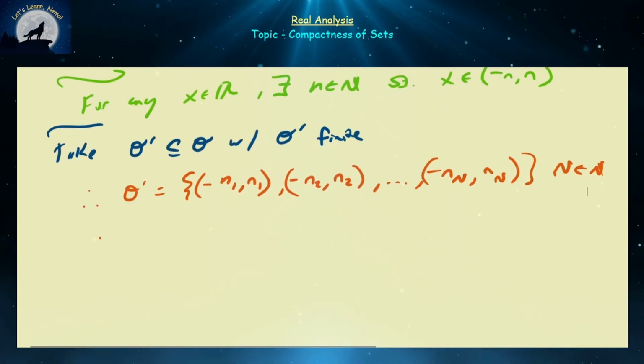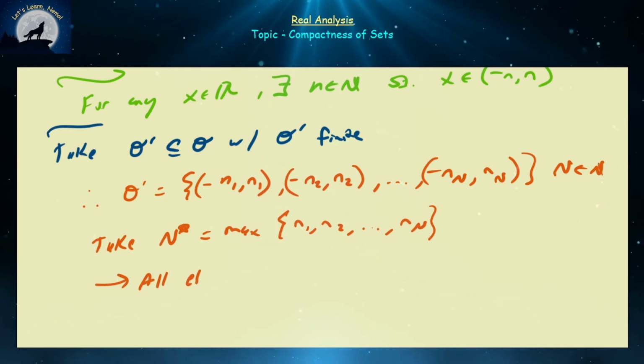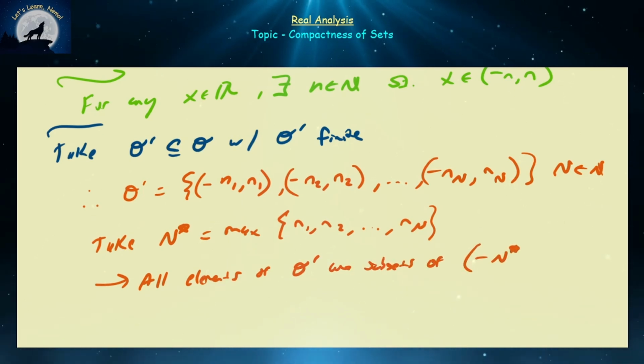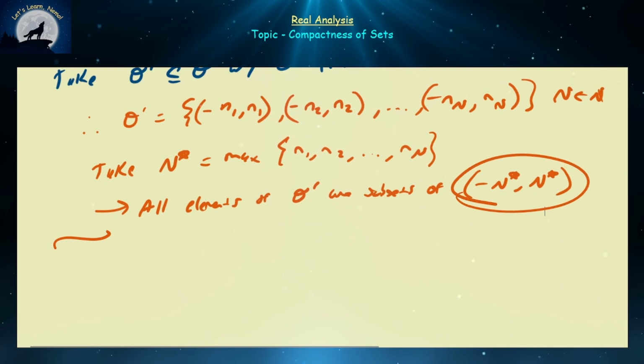And as usual, just like before, we're going to take n star to be equal to the maximum of these n's: n1, n2, all the way down to nm. And obviously, we see that all elements of O prime are subsets of minus n star to n star. But what can you tell me about that finite subcover?